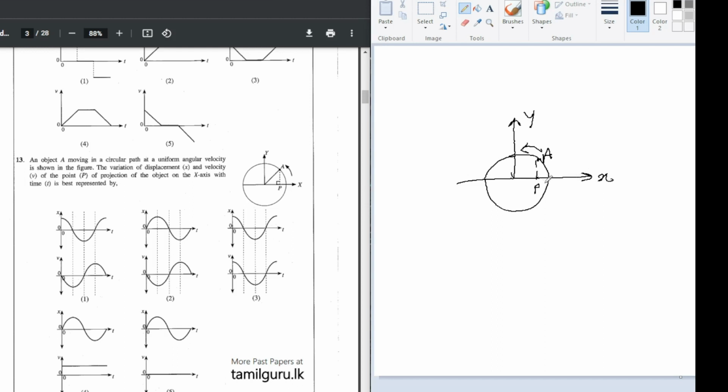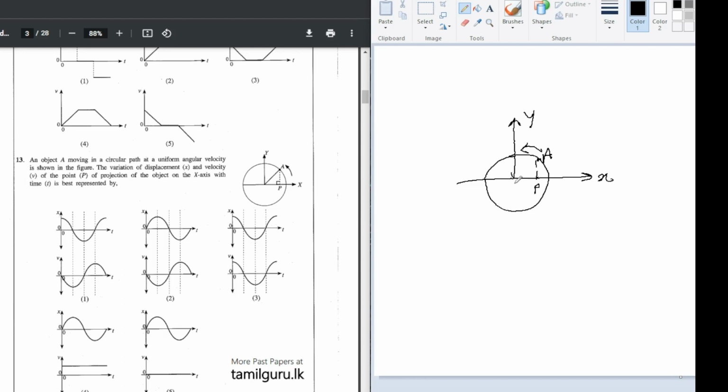Now we think of the velocities. When P is at the starting point, it is at the maximum displacement, so its velocity is 0. When it's coming to the equilibrium position, it should have the maximum speed.